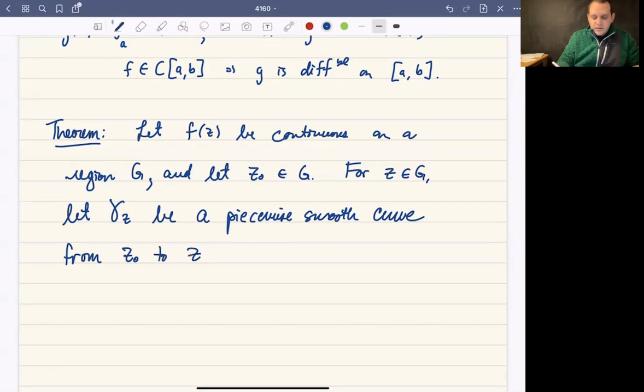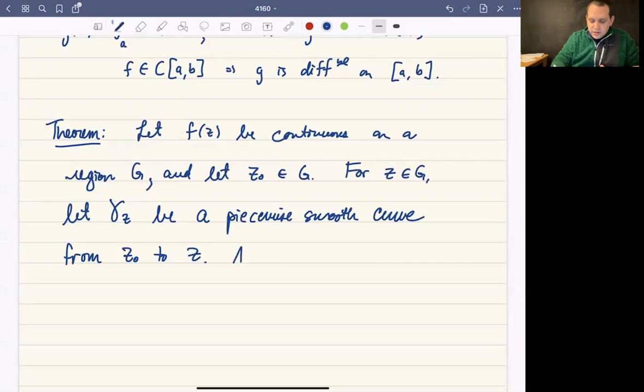That notation gamma sub z hints that it's going to depend on what z is, right? So if z moves around, you're going to get a different path. So gamma sub z is going to be any piecewise smooth curve from z naught to z.